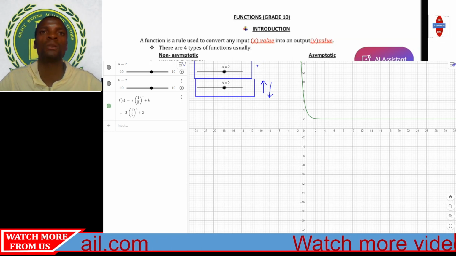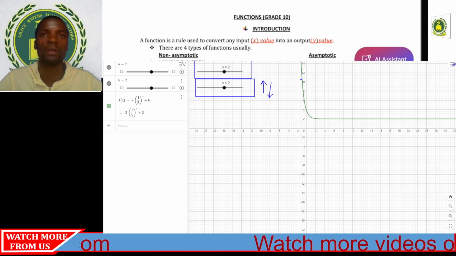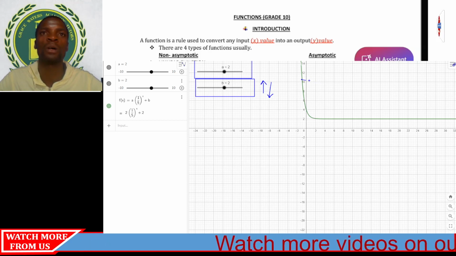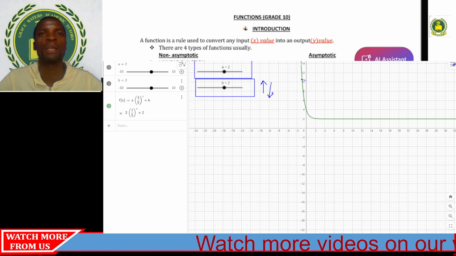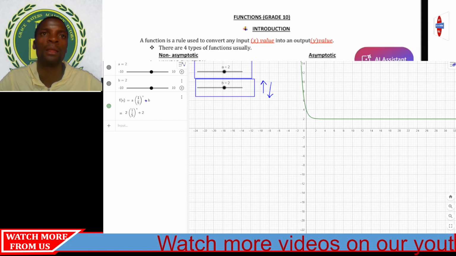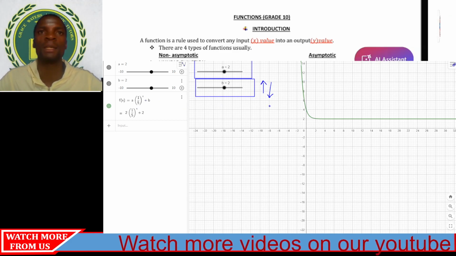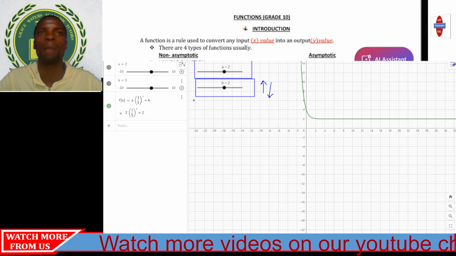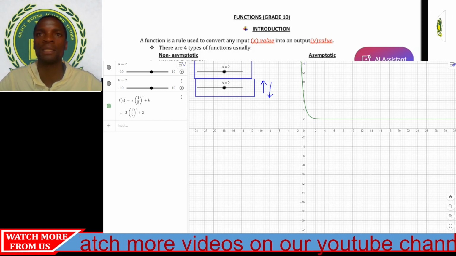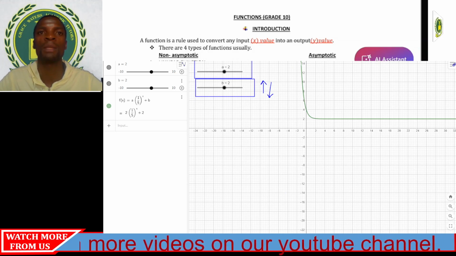Yeah, it makes it go skinny, meaning to say it tends to move closer to the y-axis, and then it tends to move also away from the asymptote. That's the effect, all right? And then the four functions are well represented here. This is all, guys, about how we transform these graphs. Let me just quickly write these things down for you, so that you will remember them in a summary.